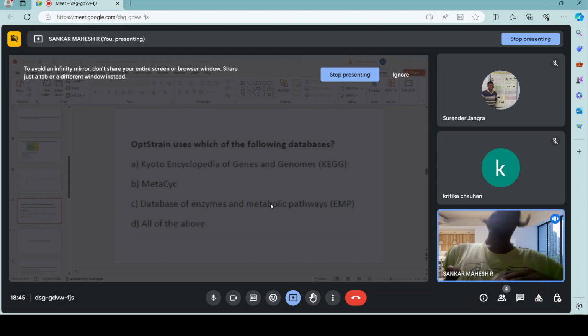Then we can specify the product or the substrate that is of our interest, depending on which reprogramming would happen to give us a strain that is compatible, which requires all the information, which is why all three databases are used: KEGG, which is Kyoto Encyclopedia of Genes and Genomes, MetaCyc, and the Database of Enzymes and Metabolic Pathways, EMP. Was it clear, Kritika?